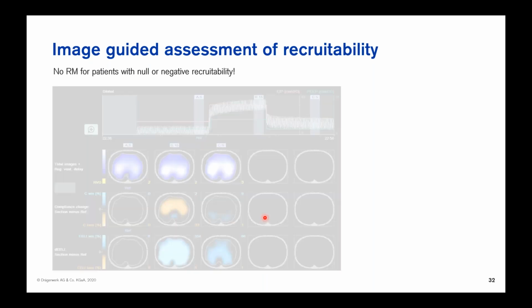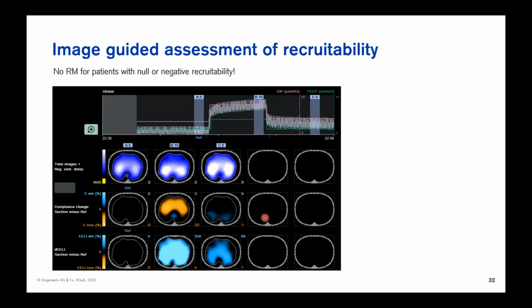First of all, we do not have to do any recruitment maneuvers or even test lung recruitability when you find the ventilation distribution like in this subject. However, this subject was part of a clinical trial where this temporary increase of the PEEP had been conducted.